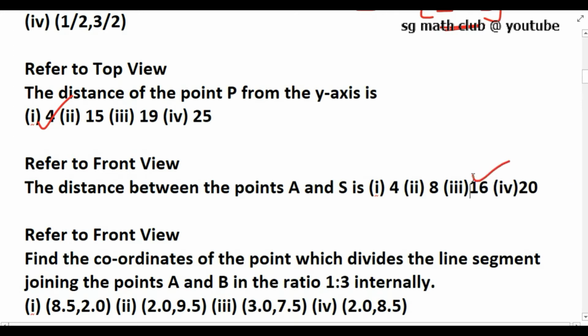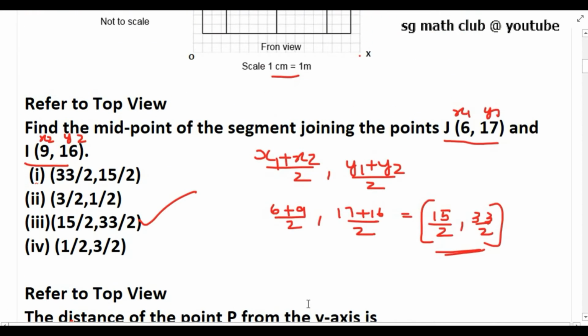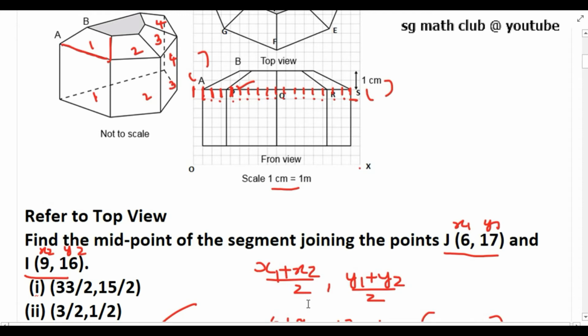Now the next question is: refer to the front view. Find the coordinates of the point which divides the line segment joining the points A and B in the ratio 1:3. So we have to find out A and B first, then divide in the ratio 1:3.